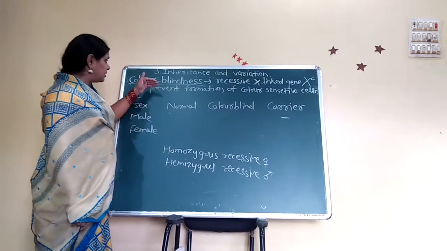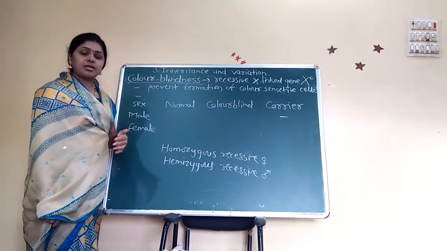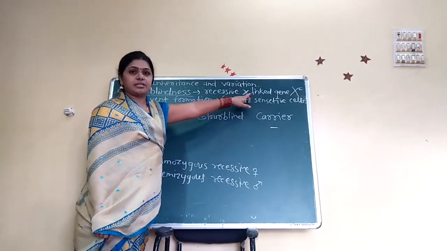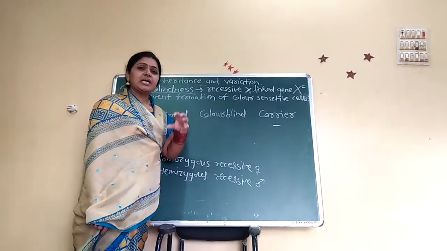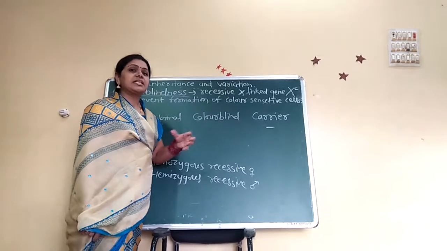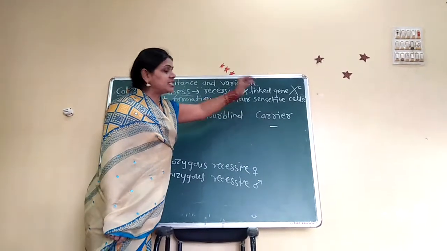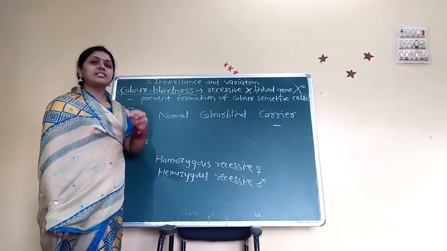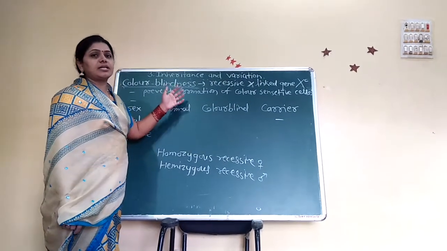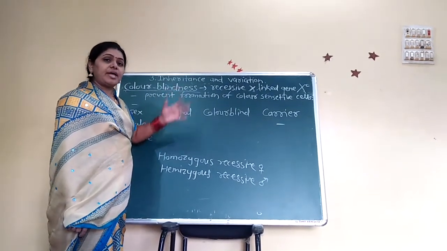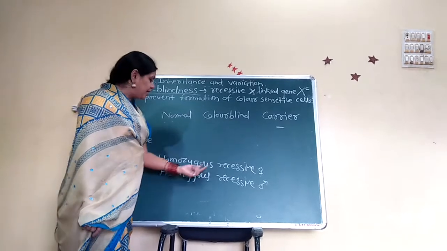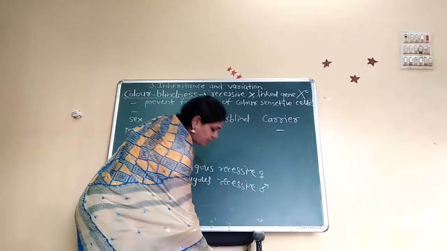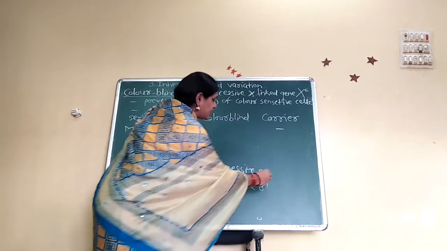This X-linked recessive disorder is because of the recessive X-linked gene, that is X c, the gene which is responsible for color blindness. But it is expressed only when it is in the homozygous recessive condition.